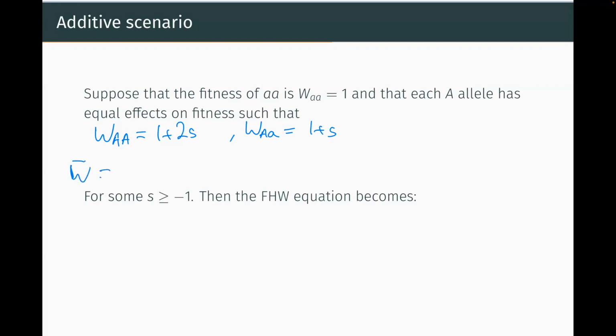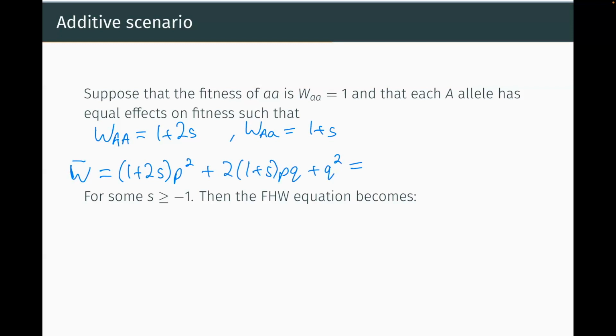And as before, we can work out our mean fitness just by thinking about the fitness of each of these different genotypes times its frequency. So 1 plus 2S times p squared, plus 2 lots of 1 plus S times pq, and then plus q squared. As before, we're going to have 1 times p squared and 1 times 2pq plus q squared.